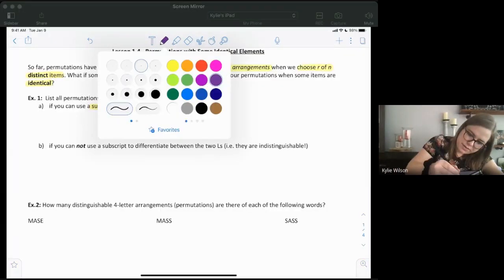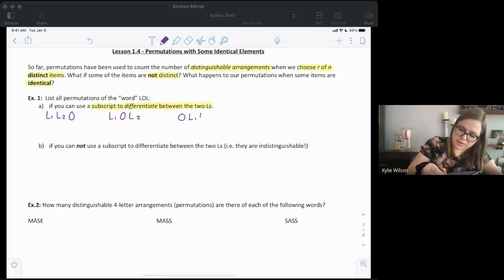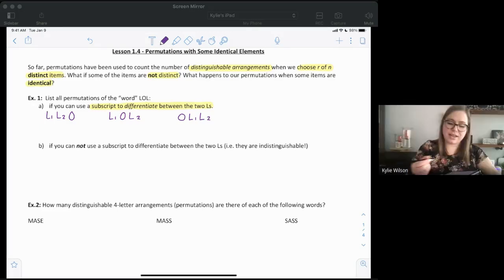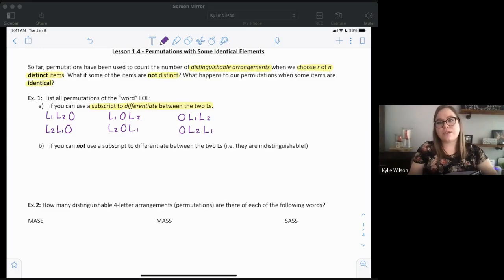I have L1, L2, O; L1, O, L2; O, L1, L2, like that. Then I could also have L2, L1, O; L2, O, L1; and O, L2, L1. So when I distinguish between the two L's, I have 6 possible options here.